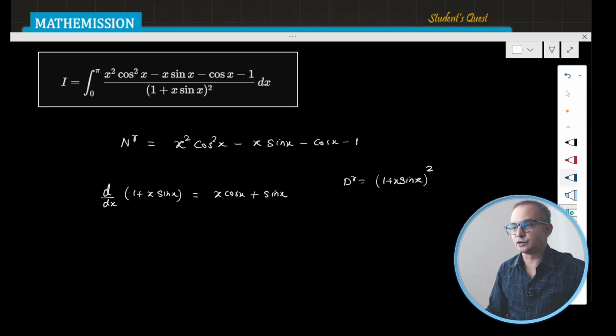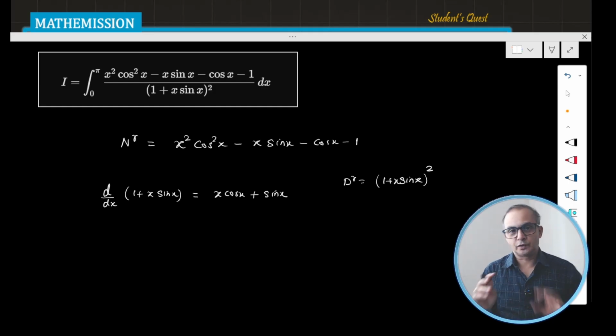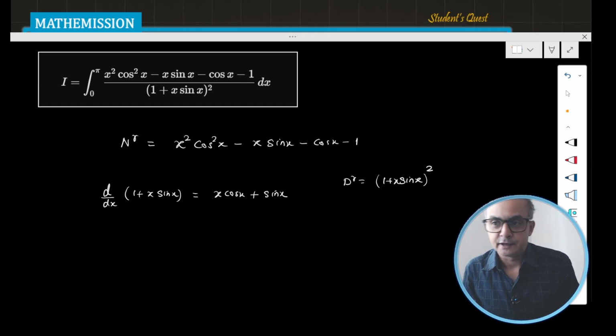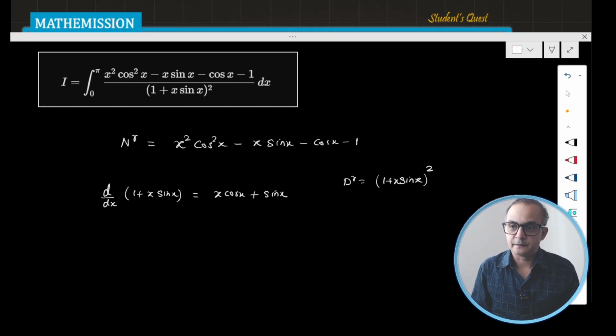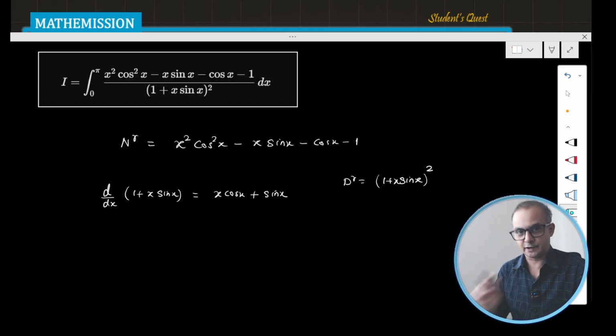So what I'm going to do is try to create the derivative of this denominator factor, 1 plus x sin x, on the top. And from there, we manipulate the numerator and see whatever we have to add and subtract.